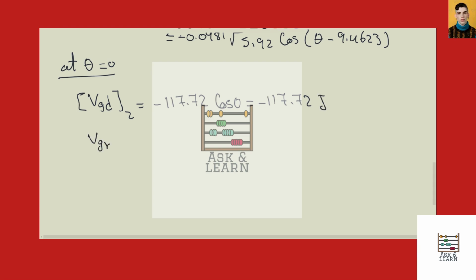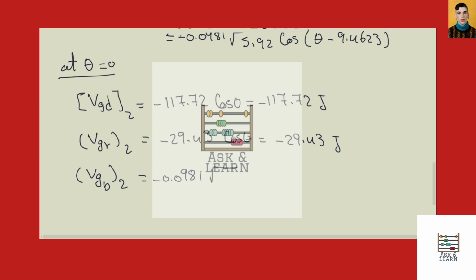And VGR at point 2 equals negative 29.43 cosine 0, which is equal to negative 29.43 joules. Finally, VGB at point 2 equals negative 0.0981 root 5.92 cosine 0 minus 9.4623, which is equal to negative 0.23544 joules.